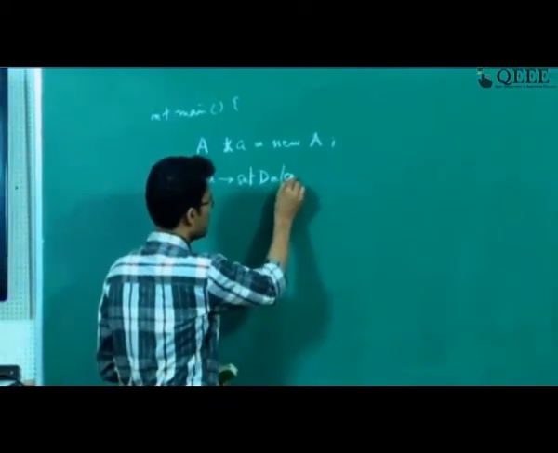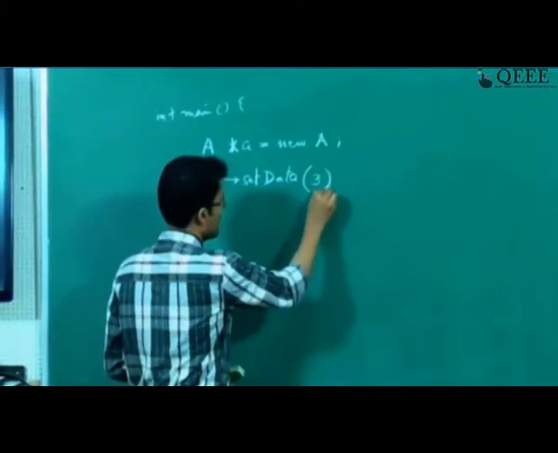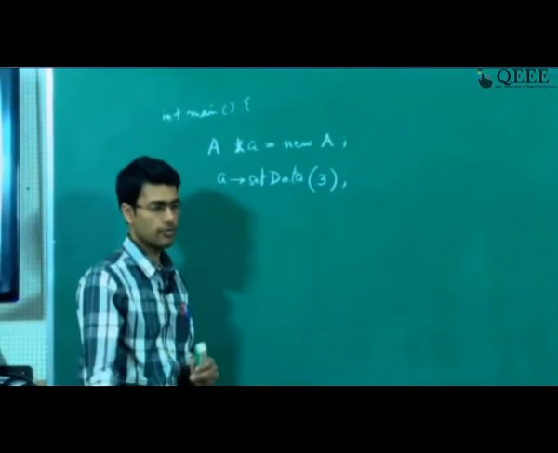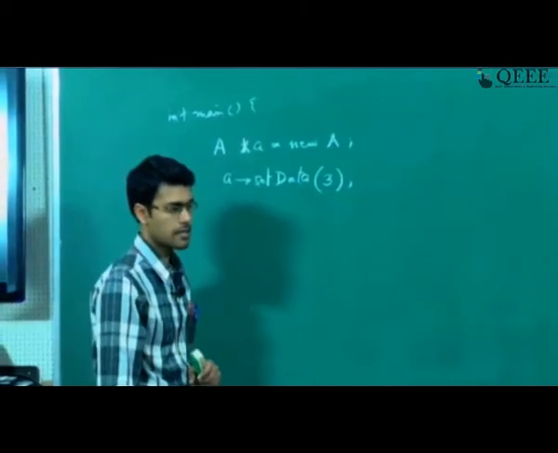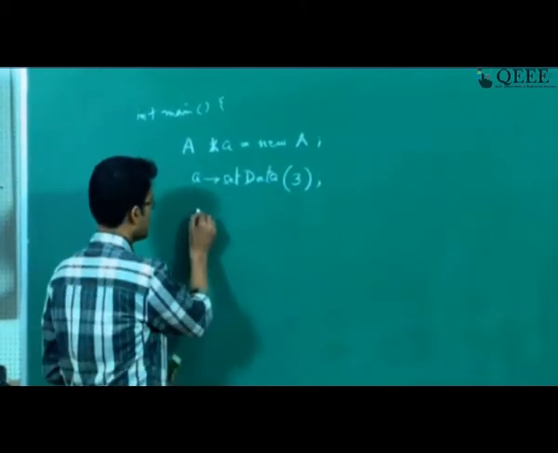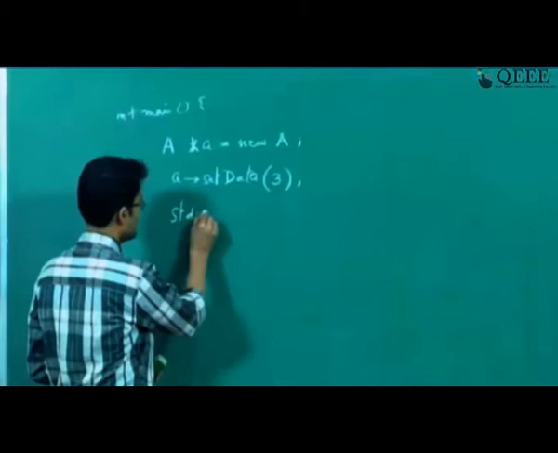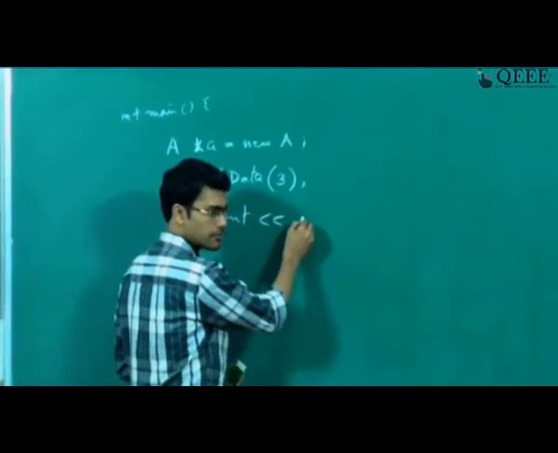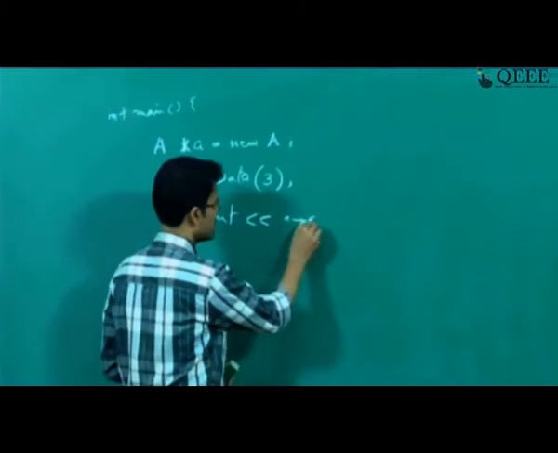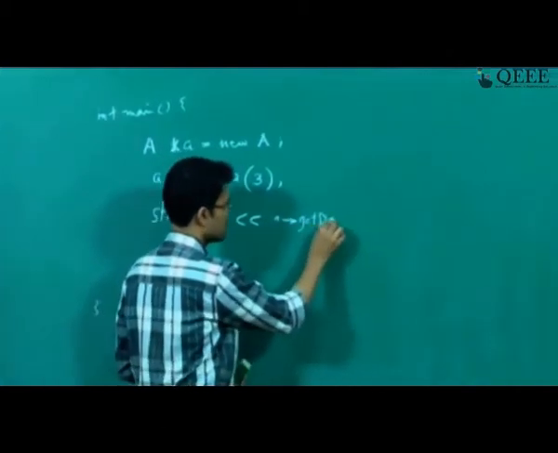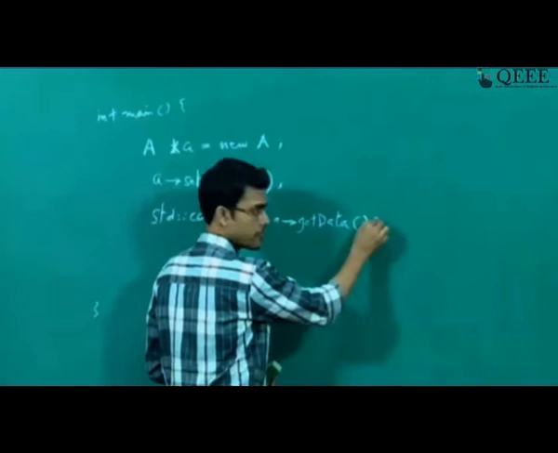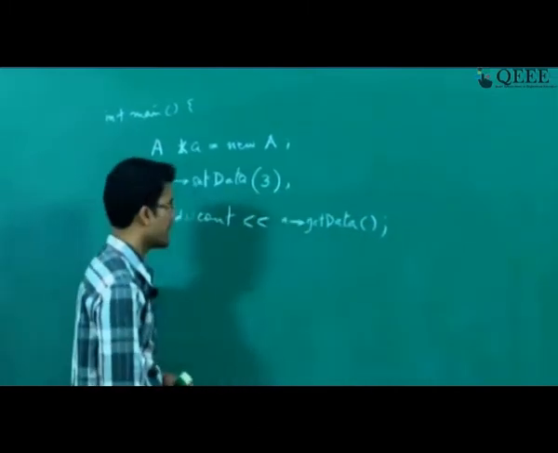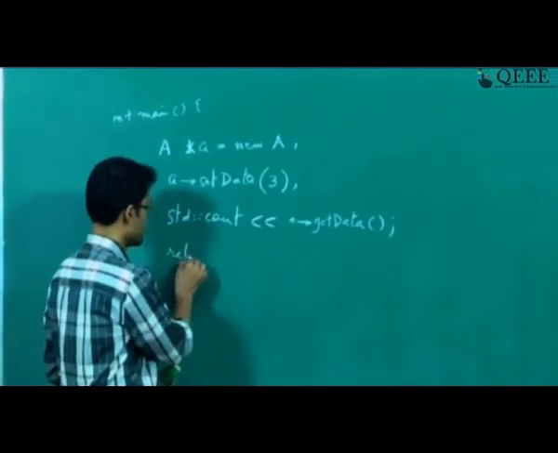There is some member function that we are using, which is assigning the value 3 to one of the members of this class, and then I am printing something and then returning 0.